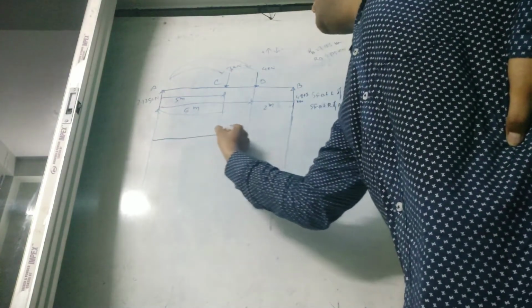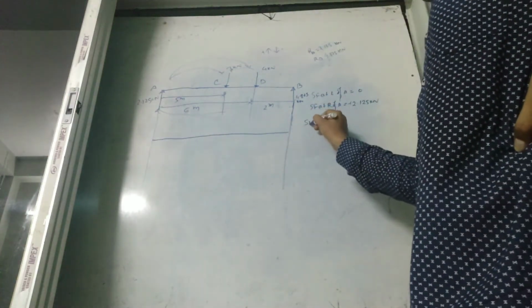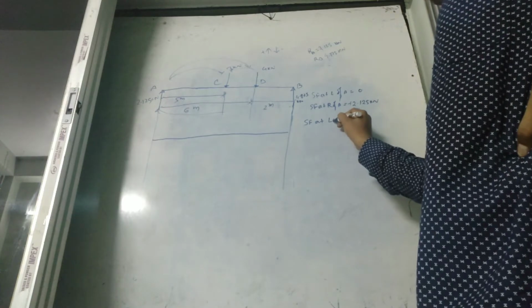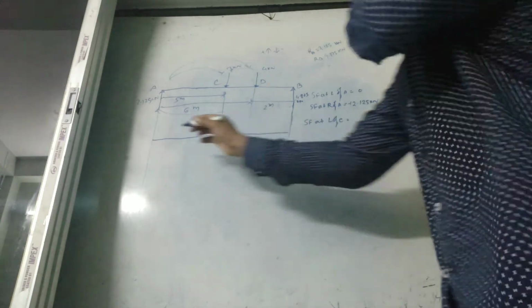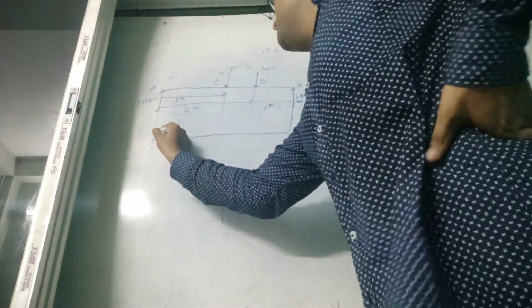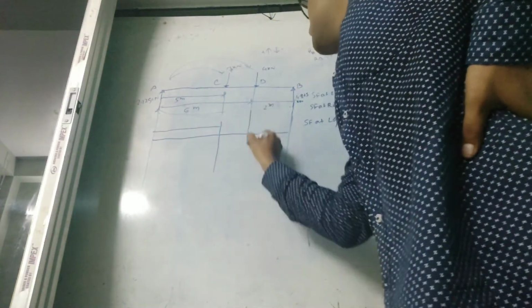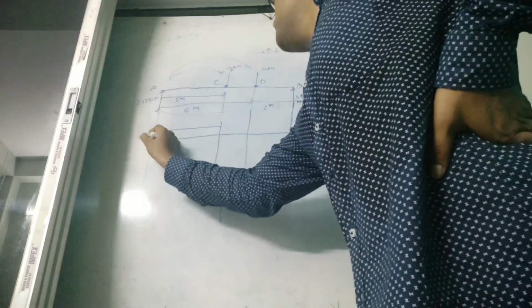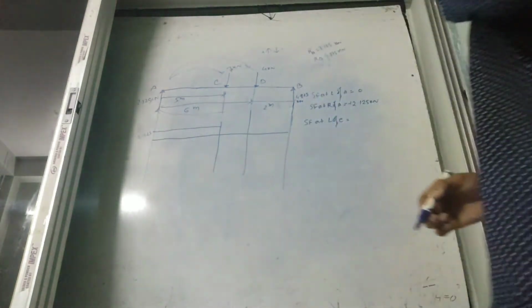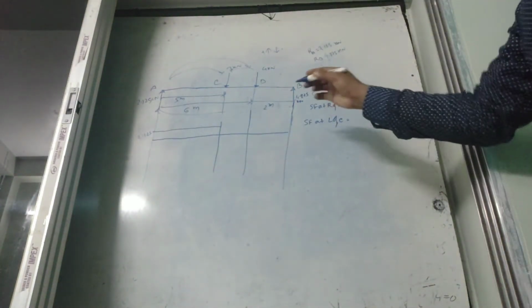This is the line of 0. Shear force at left of C will come 2.125 kilonewton.